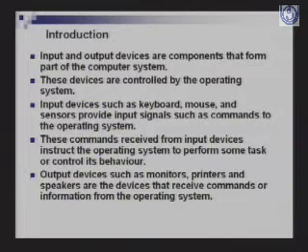The output devices like monitors, printers and speakers receive commands and information from the operating system. When to give the output by the monitor or by the printer should be controlled by the operating system.